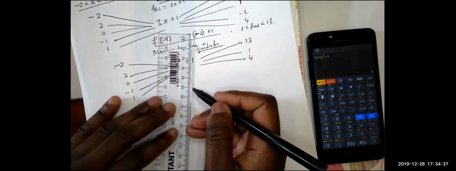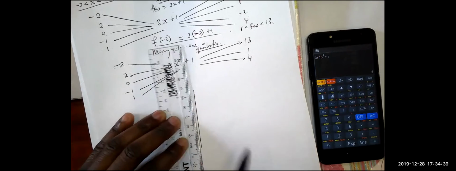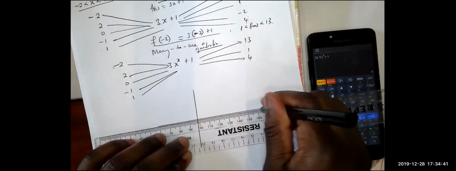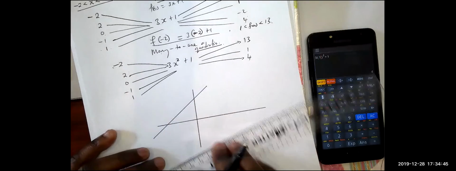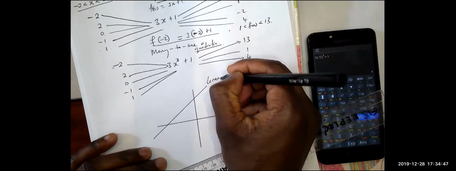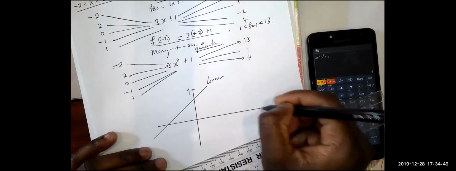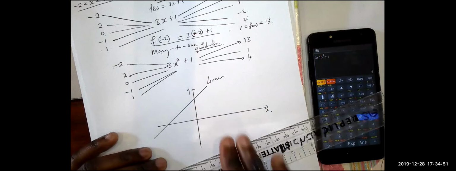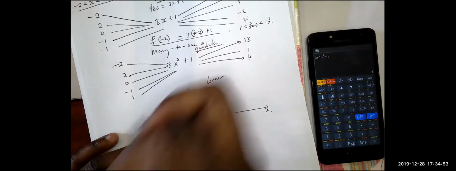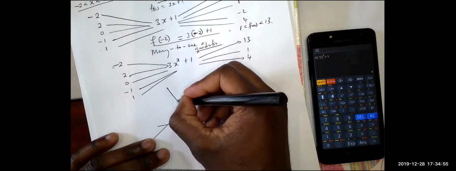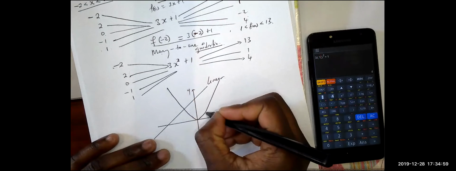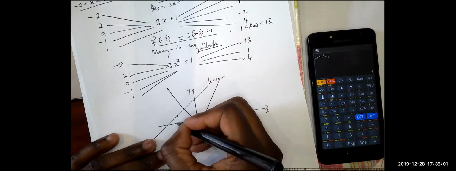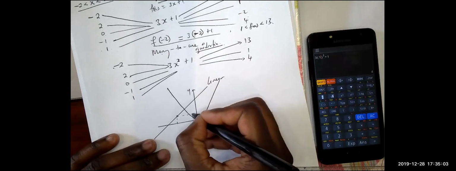But now let's see what function we just talked about. A function, we said, can be linear, where this one is called a linear function, or it can be a quadratic, isn't it? But the main concept you need to understand here is that for every input of x, we get one corresponding y value.